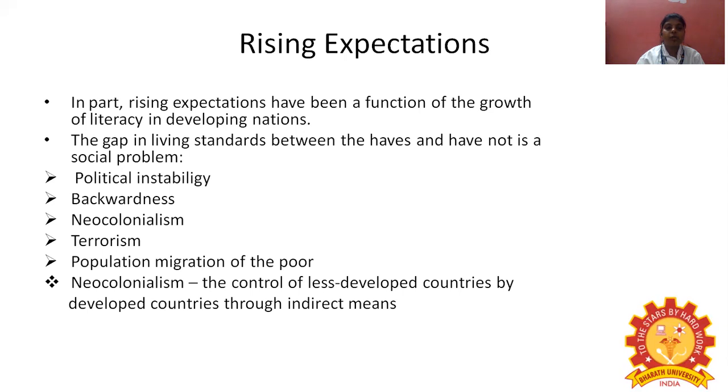That is, political instability, backwardness, neocolonialism, terrorism, population migration of the poor. Neocolonialism means the control of less developed countries by developed countries through indirect means.